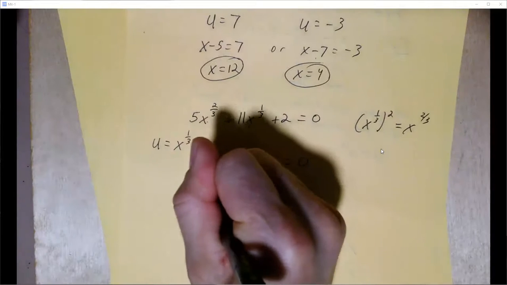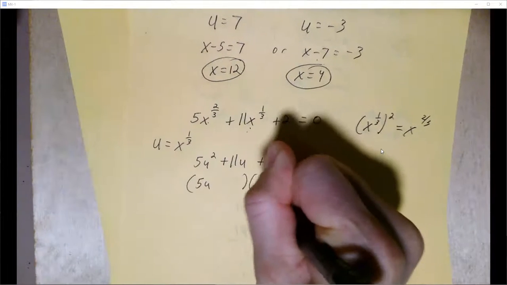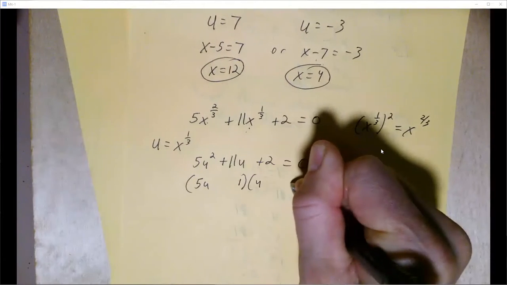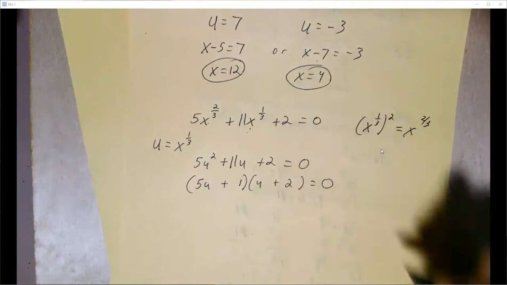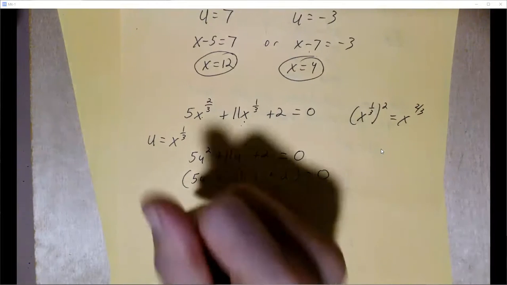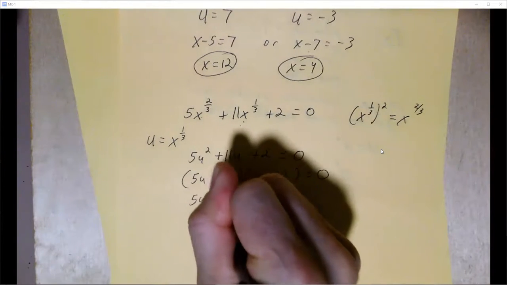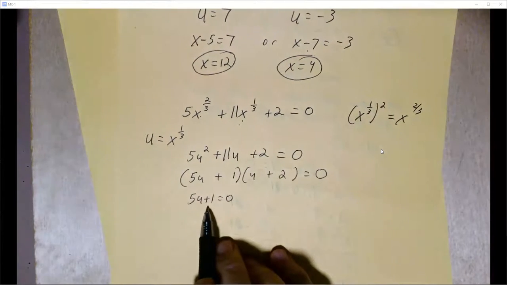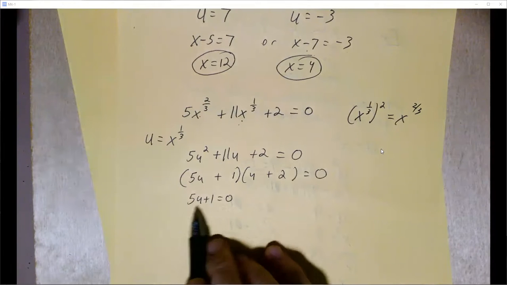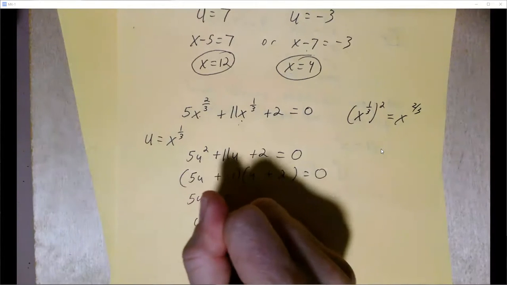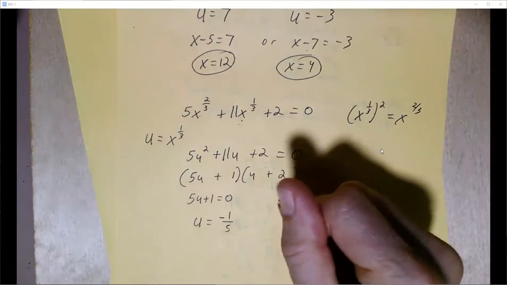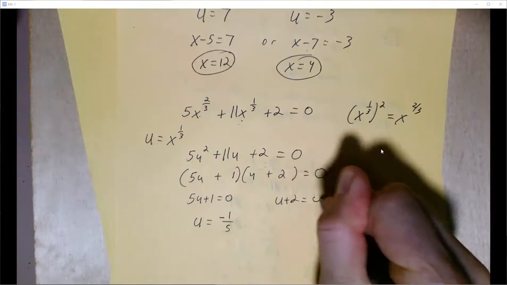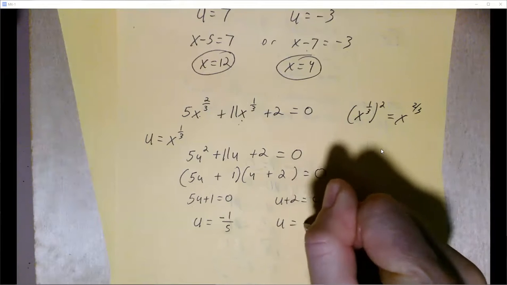I believe this factors into a 5u and a u, a 1 and a 2, and everything's positive. So if I set 5u plus 1 equal to 0, and I solve for u here, I would subtract 1 and divide by 5. So I'm going to get u equals negative 1 over 5. Here, if I set u plus 2 equal to 0, if I subtract 2, I get u equals negative 2.